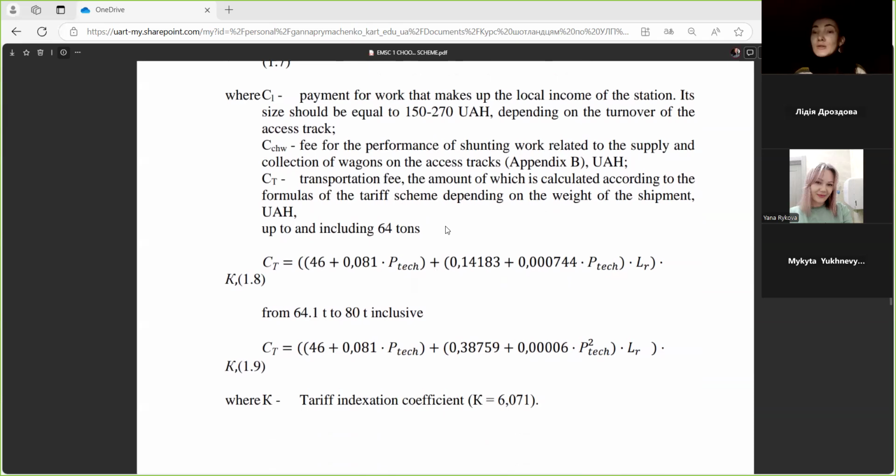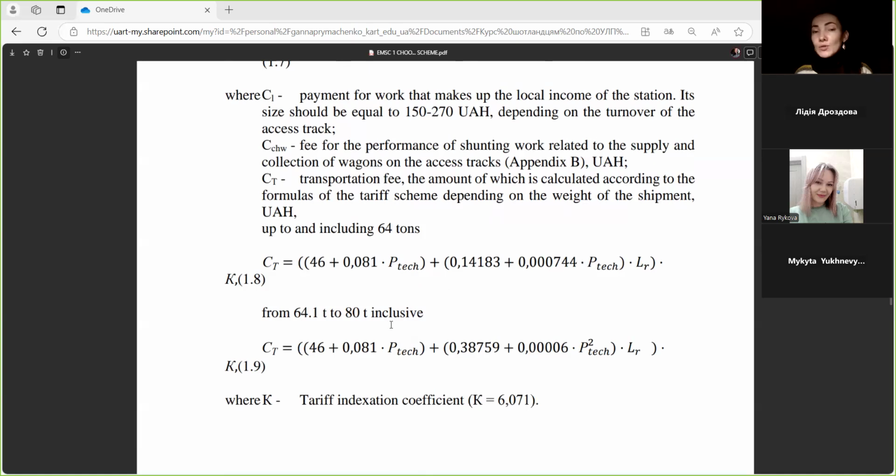If you have a platform, for example, you use the first formula 1.8 for C with index T. If you have, for example, another type of cargo transport, we use the second formula 1.9. It depends on this point P with index H, before 64 tons or from 64 tons.